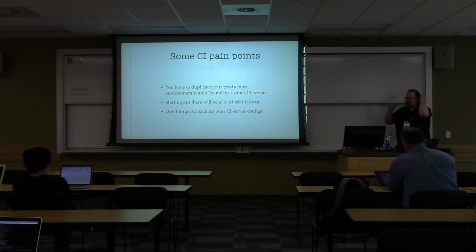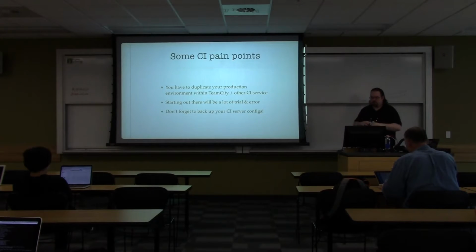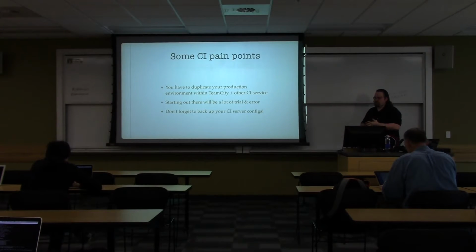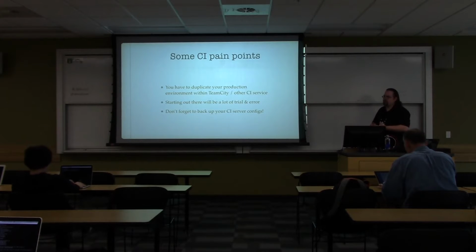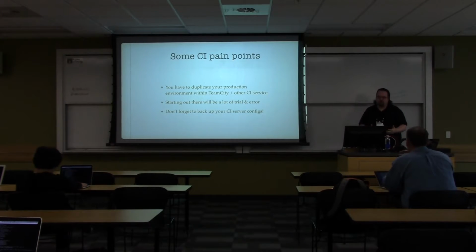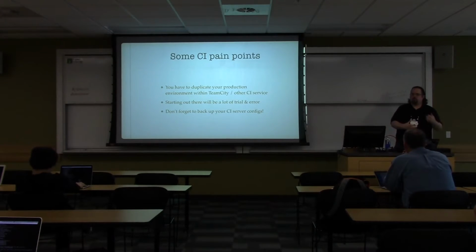So some of the pain points that I had in doing all this: it sounds easy, it looks easy, it can be a pain. Part of the issues that I had is duplicating your production environment within TeamCity or within some other CI service. With the older version of CentOS as my production environment running PHP 5.2, I had some problems at my old job getting that CMS application to run in TeamCity because I didn't want to run my build server on CentOS 5.